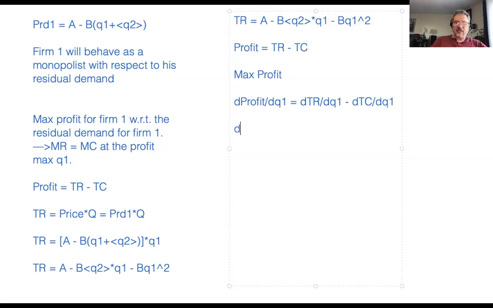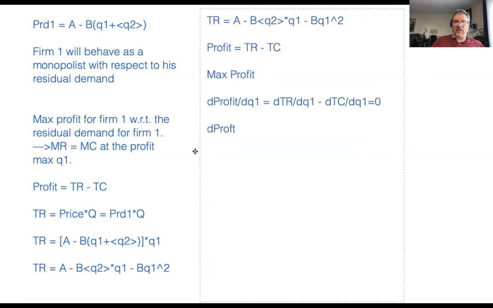So we have d profit, and remember, we're looking for where this profit function gets flat. So we're looking for a place where the derivative gets equal to 0. So dq1 is equal to, and I'm just going to write it now as mr1 minus mc1 is equal to 0.